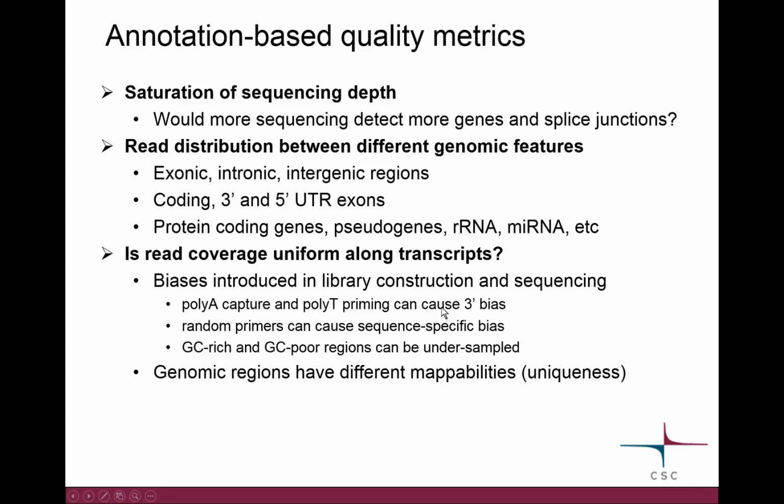And different genomic regions have different mappabilities because they are more or less unique. For example, if there are repeated sequences, they are a bit trickier to map to.